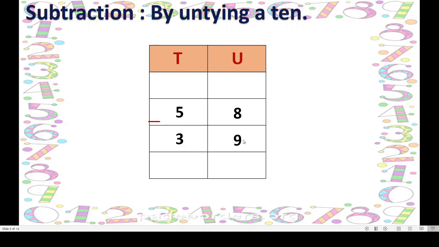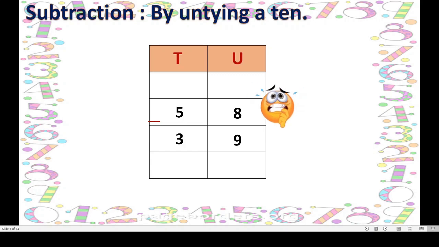Okay, we will begin our sum. Here what do we have to do? We have to minus 9 from 8. Is it possible? No, right? Because 9 is bigger than 8. So here 8 is thinking, how can I give 9 from me?